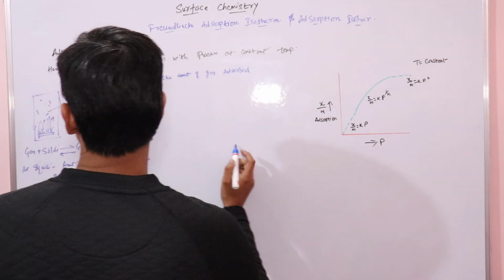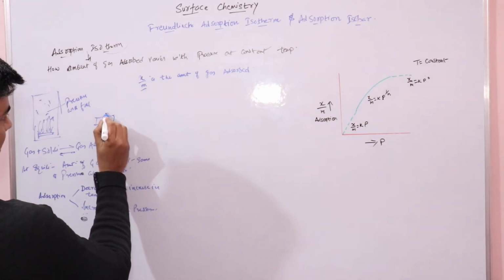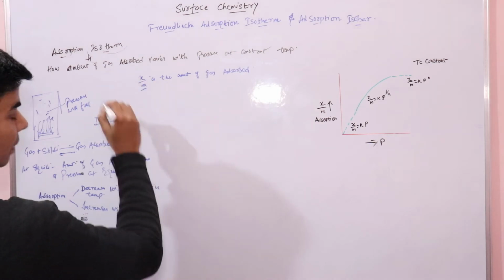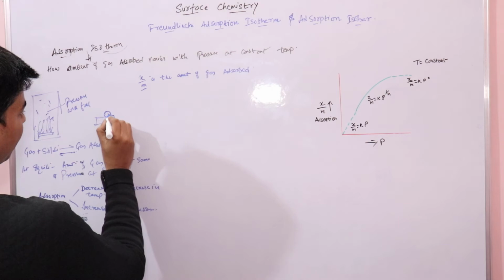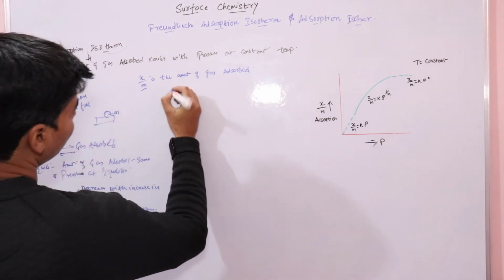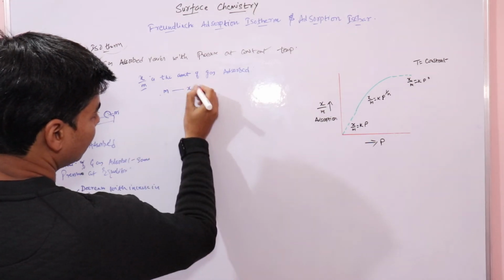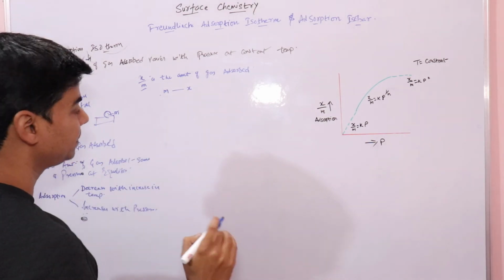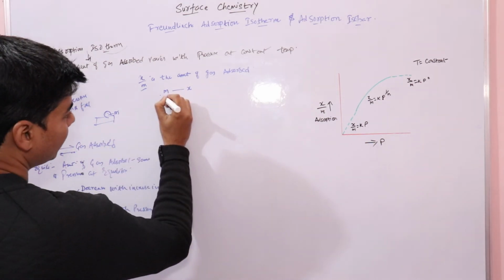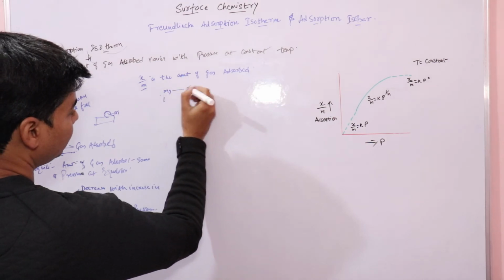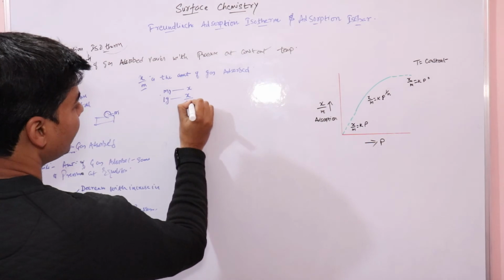So let's say this is the adsorbent, and we are studying this experiment of adsorption on this mass m. If on mass m, x gram of gas has been adsorbed, then on unit mass, 1 gram, the amount of gas adsorbed would be x upon m.